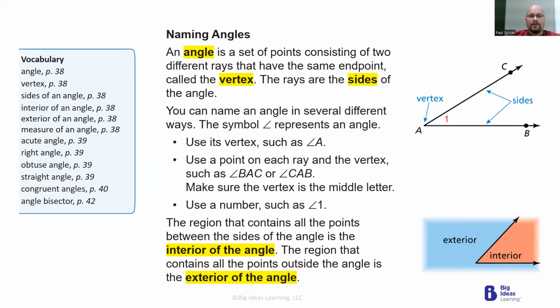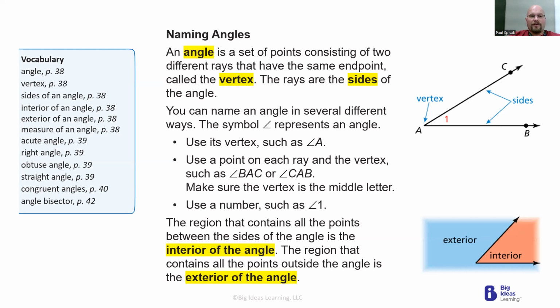Or we can use 3 points. If we use 3 points to name it, we're using 1 point from each ray, and the vertex. And when you do this, you have to go in the order of having one from one ray, then the vertex, and then one from the other ray. So the vertex will always be the middle when using 3 points. So that angle again can be either angle BAC or angle CAB.